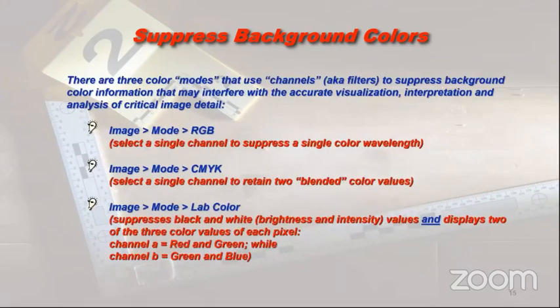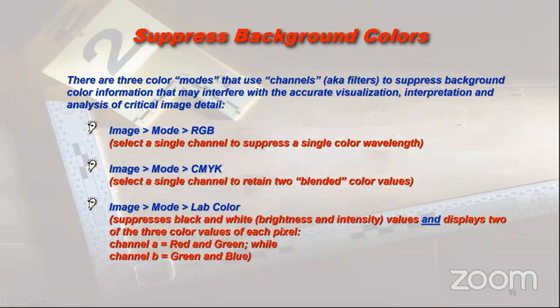So you have your RGB mode, in which you can suppress a single color channel. CMYK lets you blend two different color values depending upon the type of substrate that you're dealing with. You may want to consider CMYK, and lab color is going to be based upon, again, that color picker. Please be advised that when using lab color, I want you to remember the color picker that we talked about during our first session.